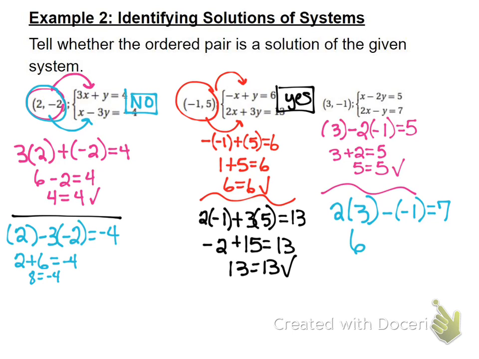Minus... So basically, you could think of it as a -1 times a -1, or a negative times a negative, which will be a positive 1. 6 plus 1 is 7, 7 equals 7. So is this a solution to the system? Yes. Good job. Any questions?